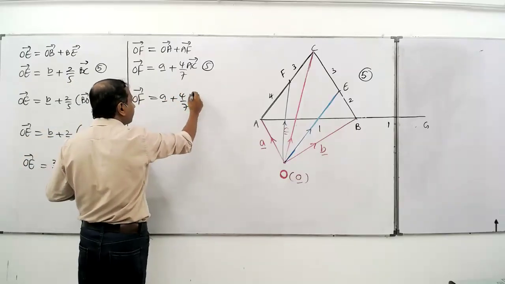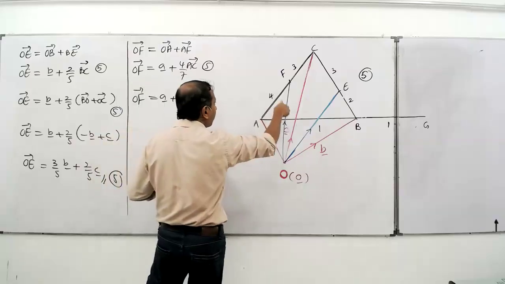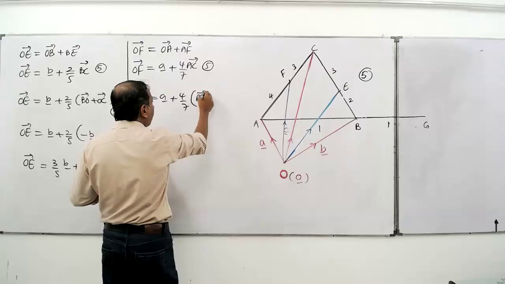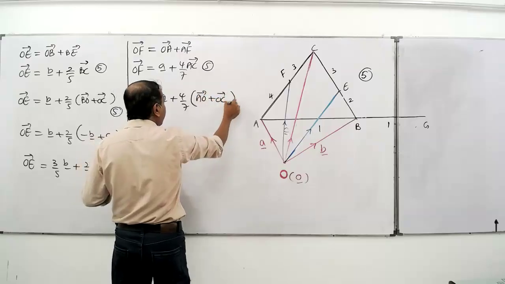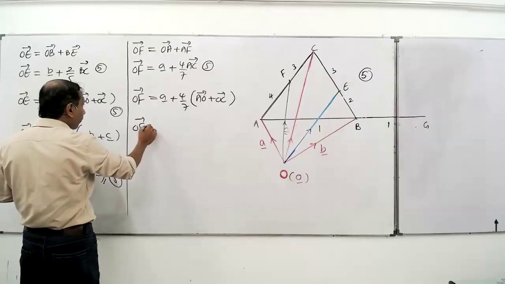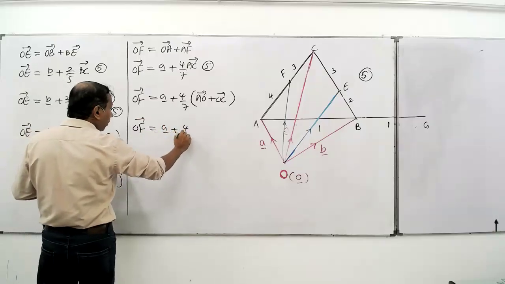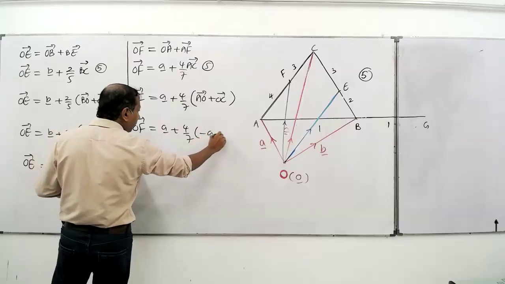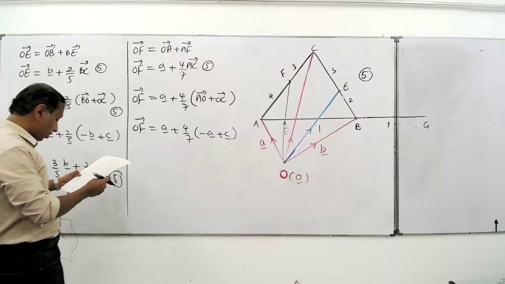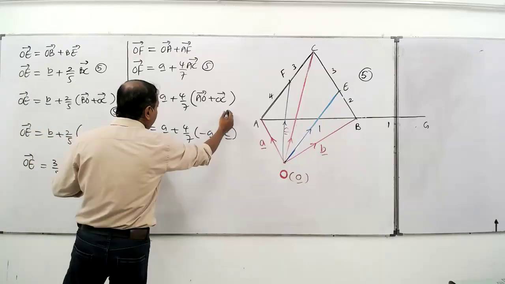So you can write the AC vector as AO plus OC. Now we get the answer for OA: 4 over 7 of minus A plus C. That gives the next answer, and for these, 5 marks come in.